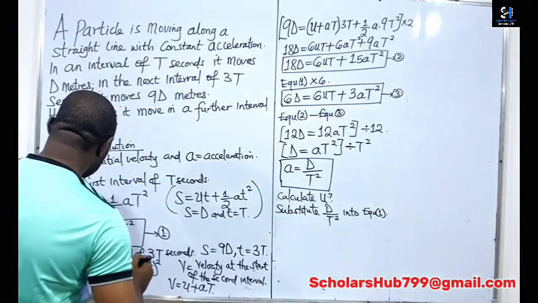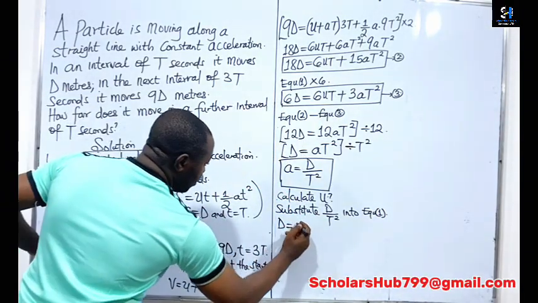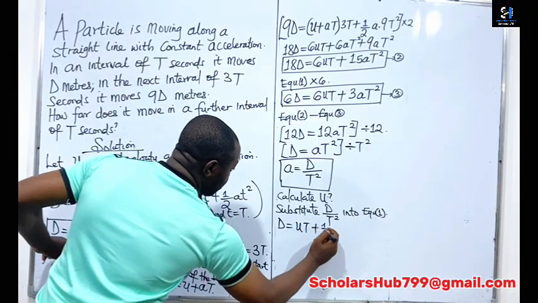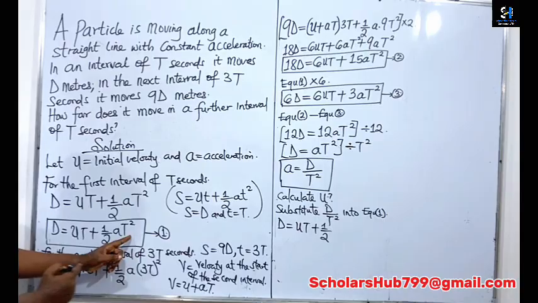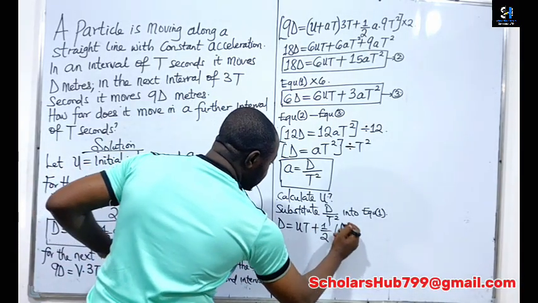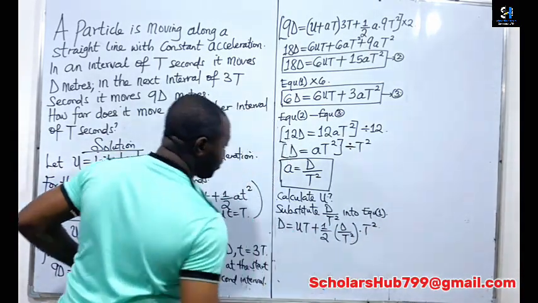So into equation 1, we have d equals ut plus 1/2 at squared. That's equation 1. So a is now d over t squared, then multiplied by t squared.